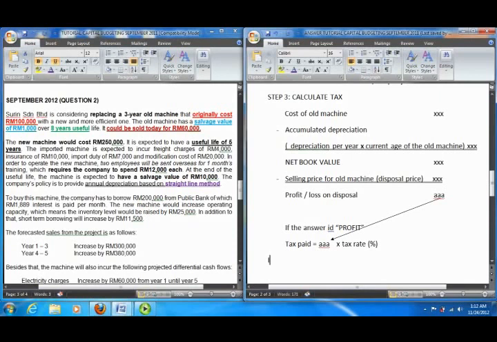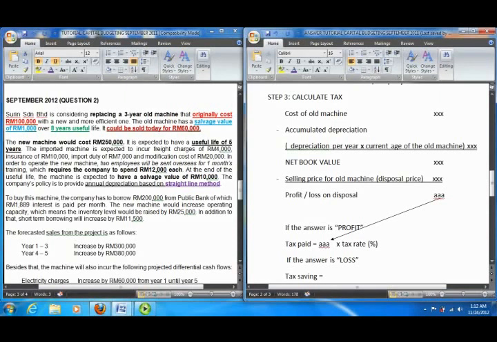Alright class, if the answer is a loss, we call it tax saving.